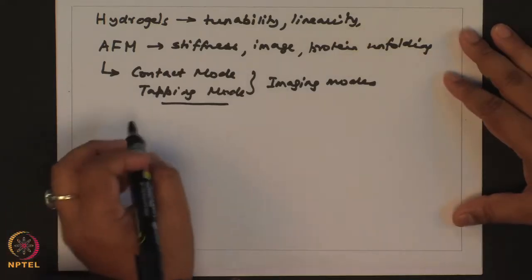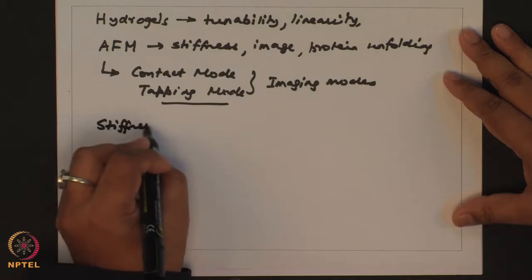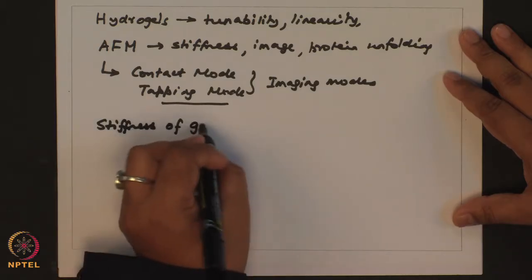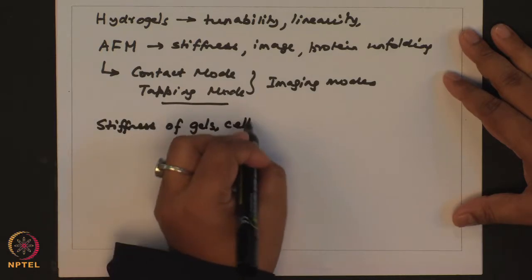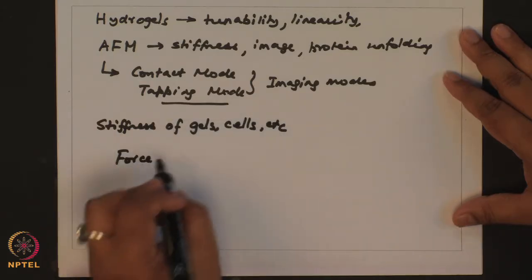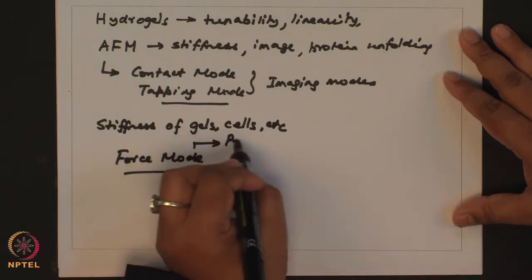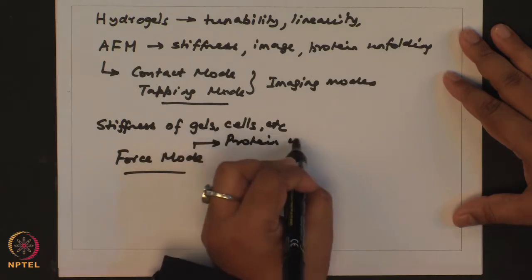And for measuring stiffness of gels, cells, etc., you use the force mode of operation. This is the same mode you also use for probing protein unfolding.